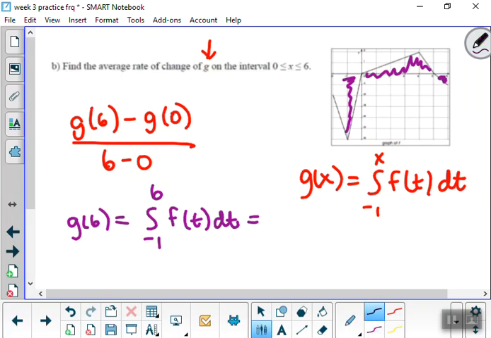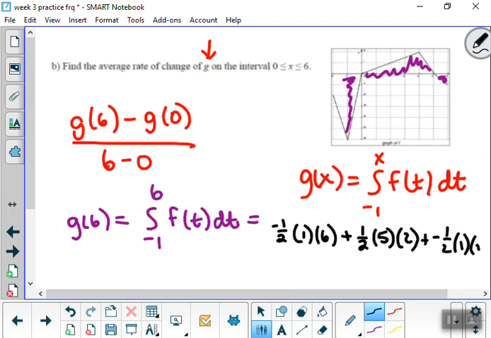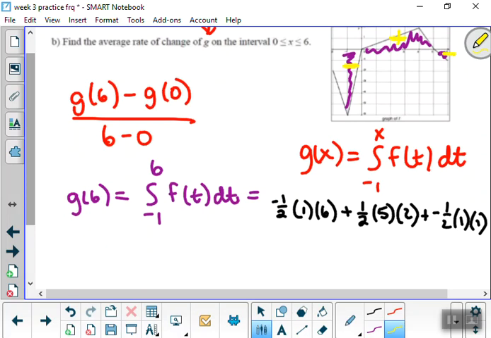All right, so that's the -1/2 times 1 times 6 for the triangle that's under the x-axis, plus 1/2 times 5 times 2 for the triangle that's above the x-axis, and then -1/2 times 1 times 1 for the triangle below. So negative area here, positive area here, negative area here.